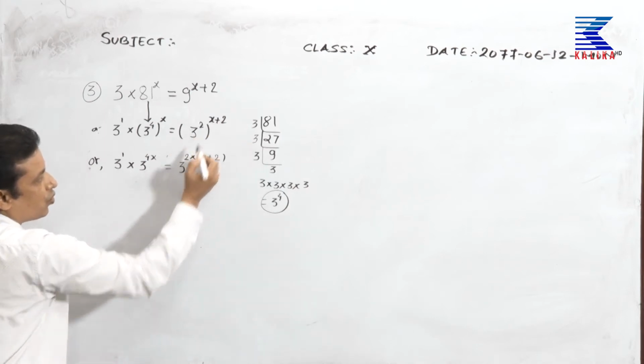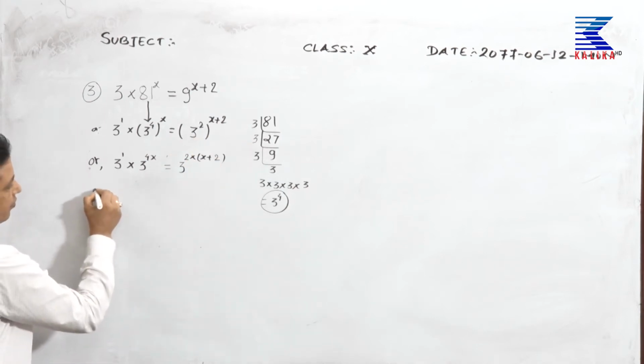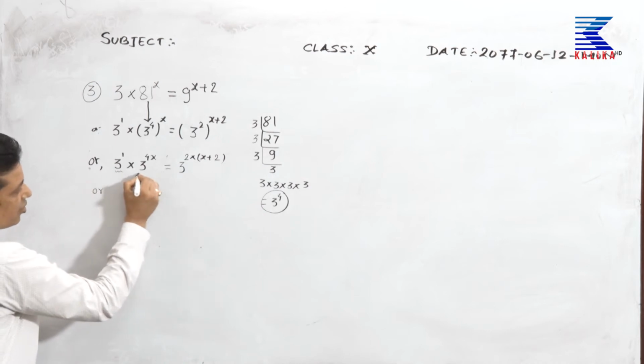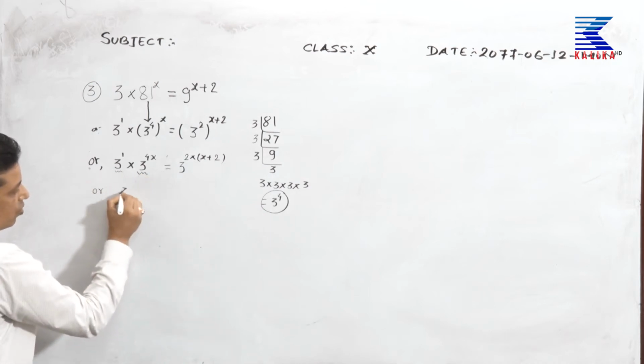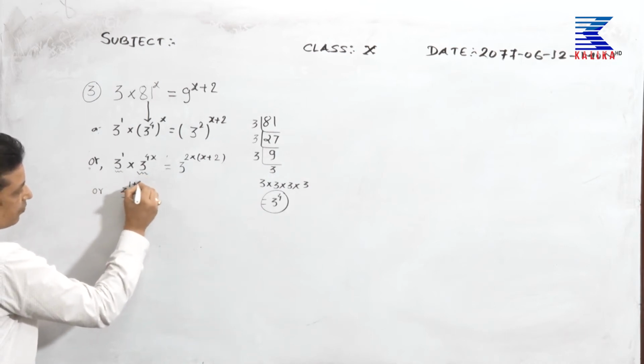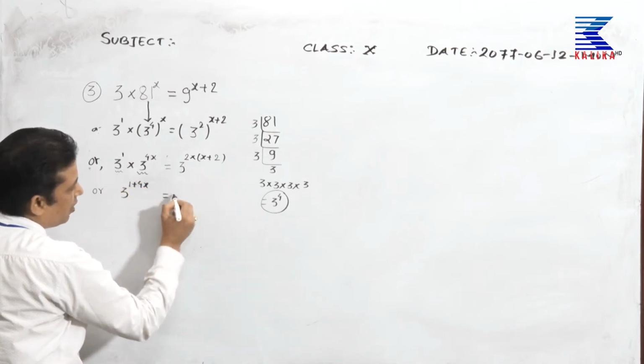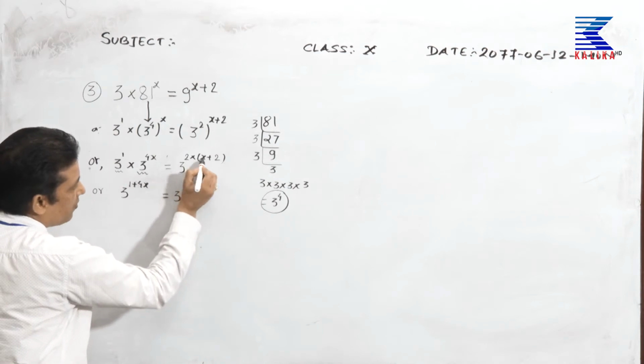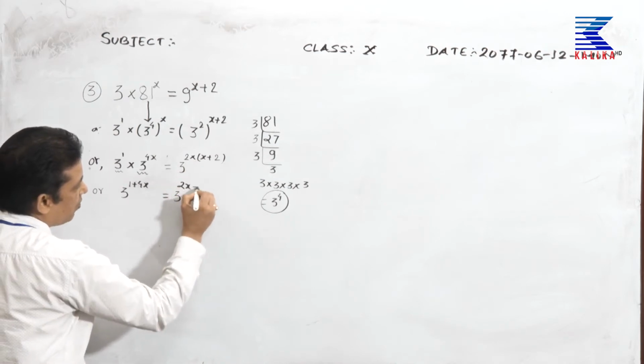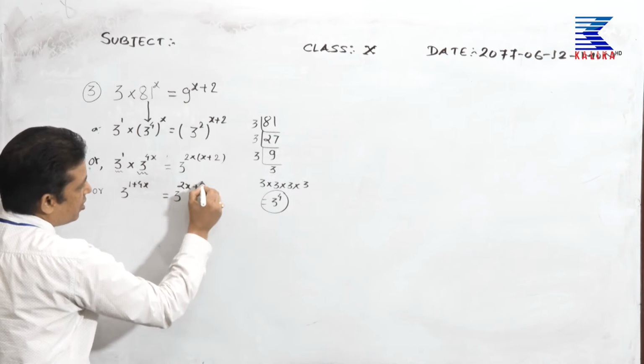Both the powers should be multiplied. The base is 3, dear student, the base is 3, so we can add the powers. Here we need to multiply: 2 times x is 2x, plus 2 times 2 is 4.